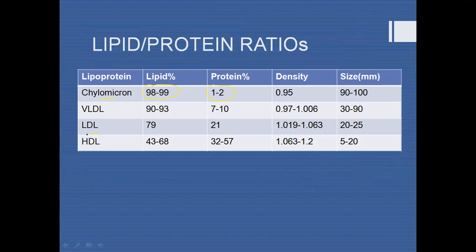In contrast, in HDL, the protein content is maximum, almost 40 to 50% of the composition of HDL is made up of protein.